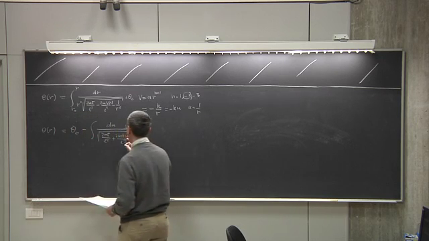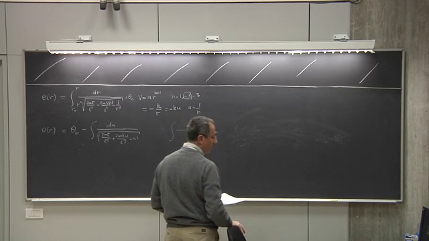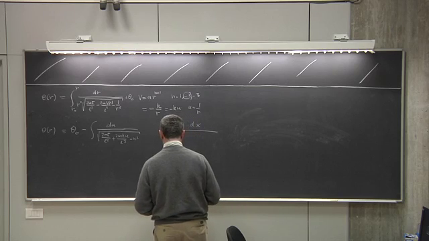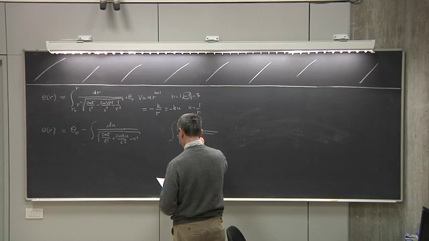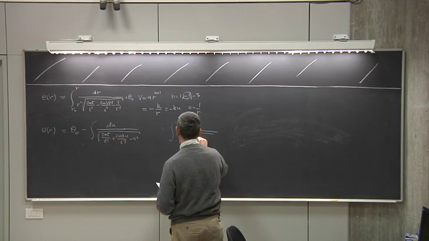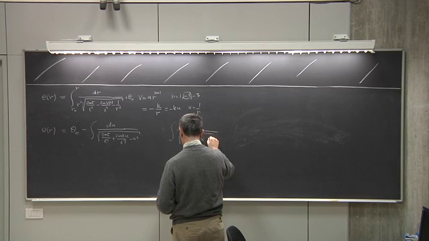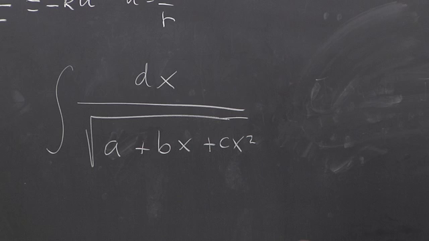So now you see this integral is in the form that you find in the tables of integrals, in this form: a x squared plus b x plus c. Just let's say general. So this is the integral you find in the book.